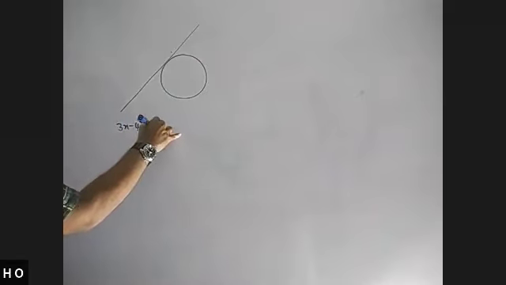So let us go with the straight line first, as they have given: 3x minus 4y plus 12 equals 0.